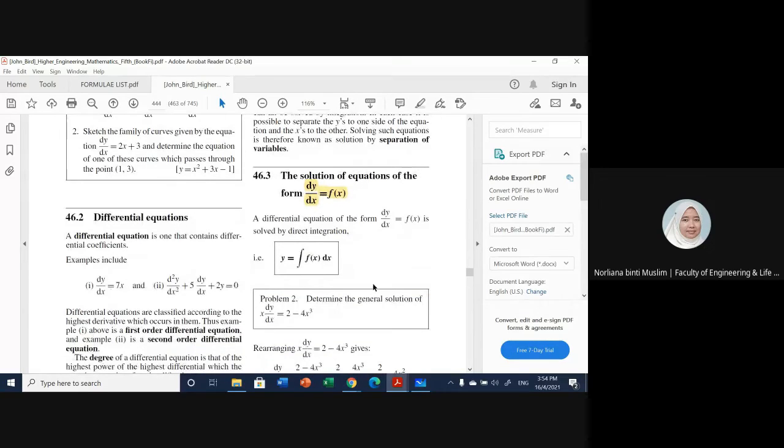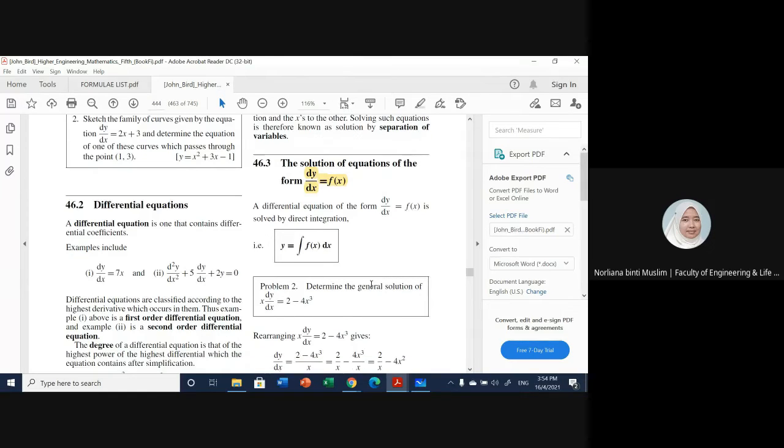So the techniques that I discuss today and in the next class on Thursday will involve separation of variables. First, we can use separation of variables when the ODE is in the form that I highlighted here.